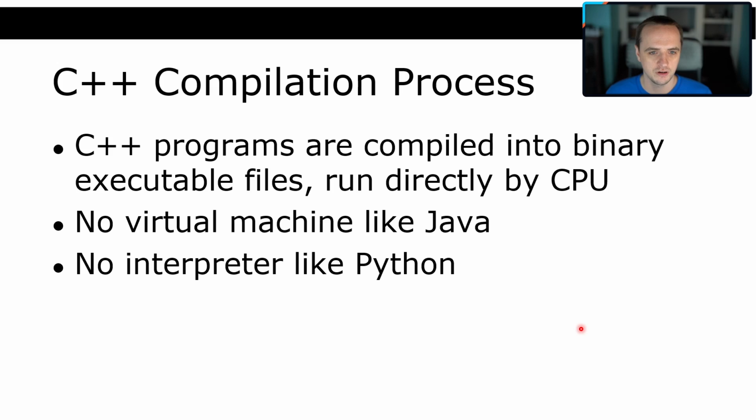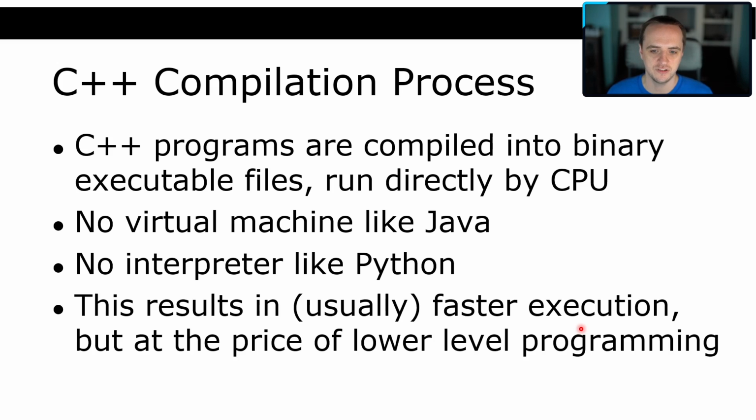There's no interpreter like in Python, and this means that ideally, if you've designed a language correctly, if you are compiling your program into binary executable files, then it should run faster, okay? But it's usually at the price of lower level programming. But what we'll see in this course is that we're using pretty high level programming to accomplish what we want.